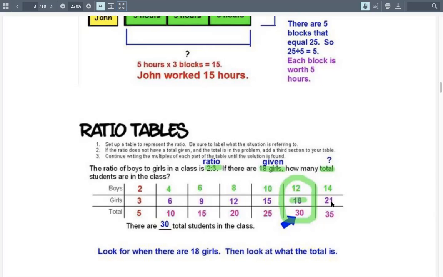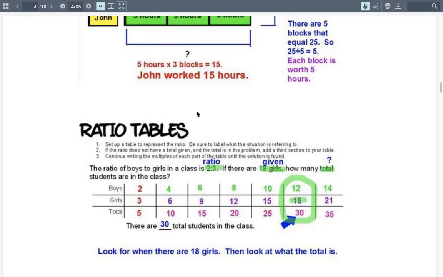So if I'm missing one of the data points, where I know I have 30 students and I have 12 boys, I should be able to figure out that I have 18 girls, right? That's the idea behind the ratio table, because it's just taking the value of that proportional relationship. And I have a question.